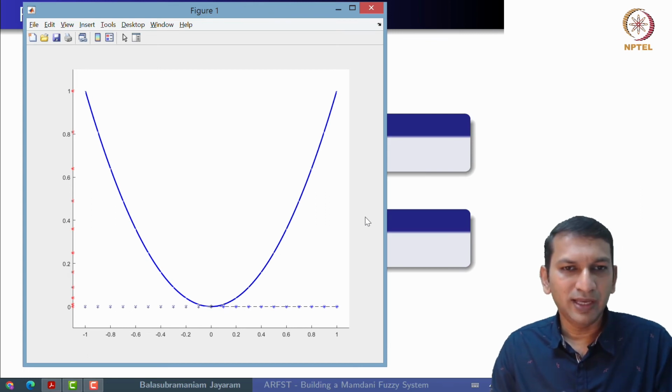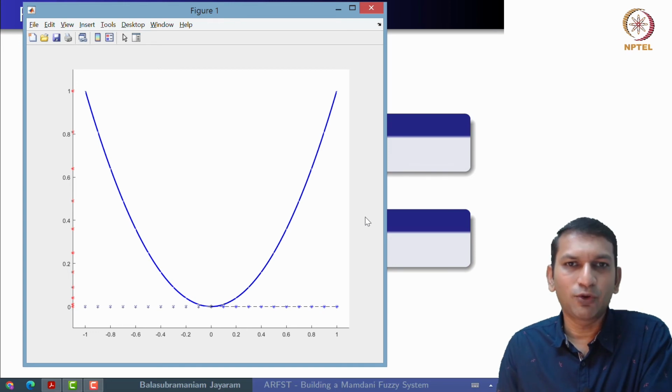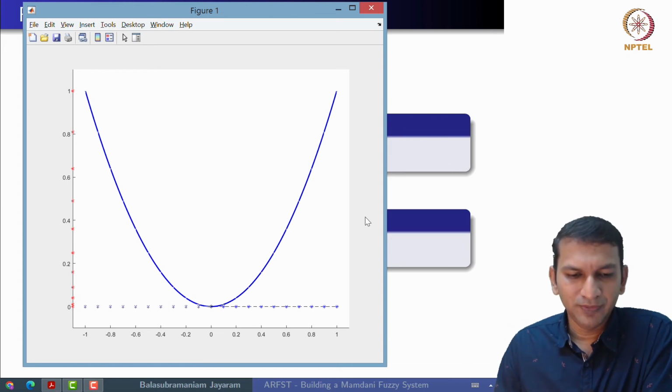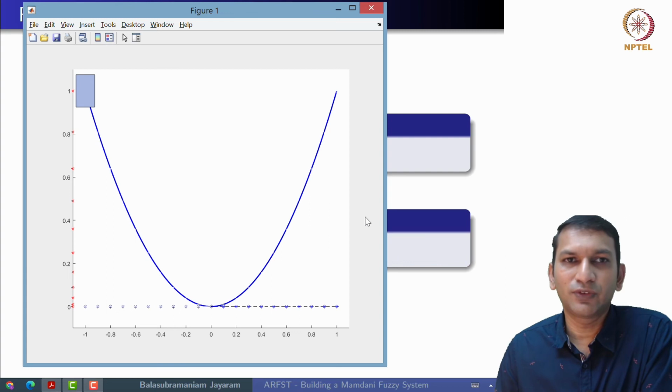How would they look if you took the supports on either side to be a constant? That means on x we have constant support fuzzy sets, and similarly having constant support fuzzy sets on y also. So as was explained, this is how we should map the fuzzy sets on x to fuzzy sets on y.